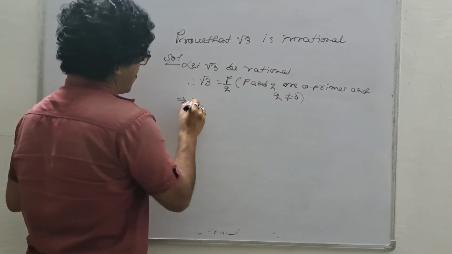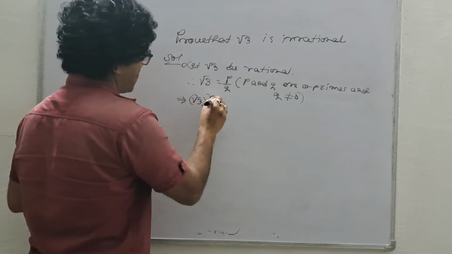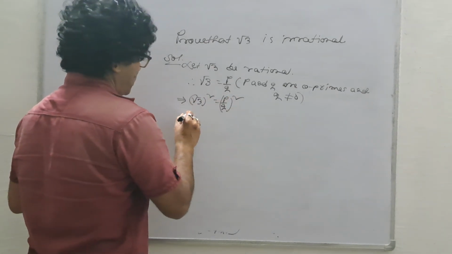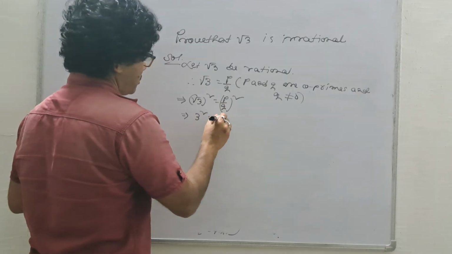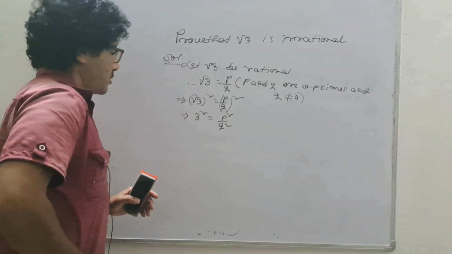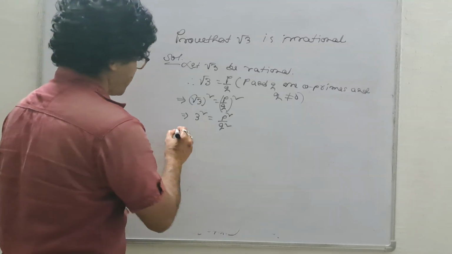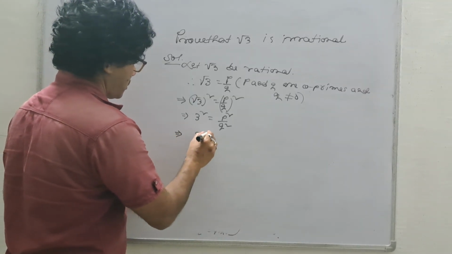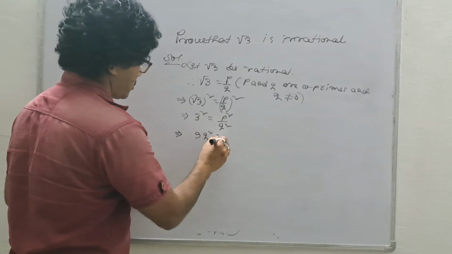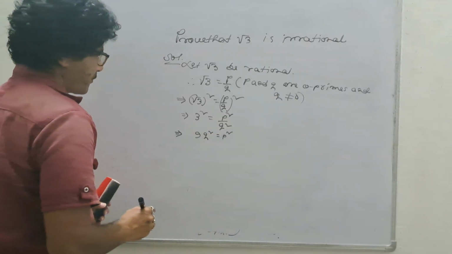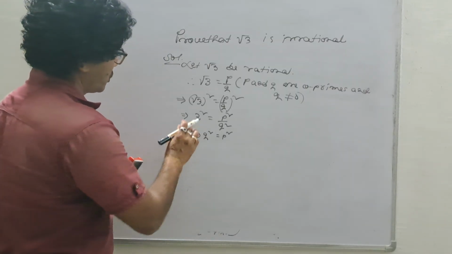Now we square on both sides. That is, root 3 squared is equal to p squared by q squared.